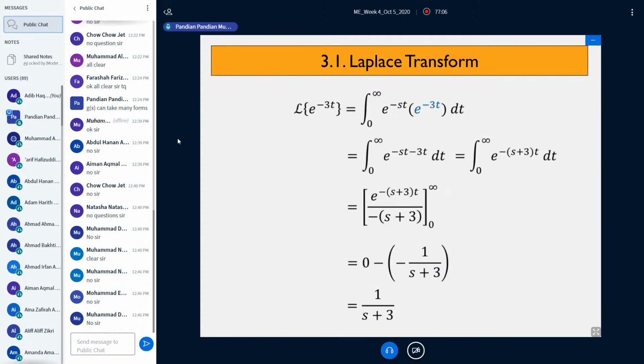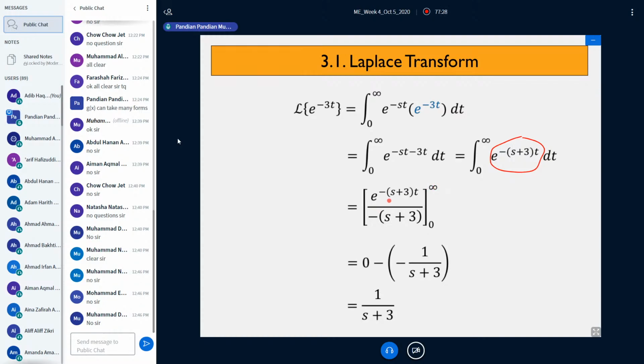If you combine these, e to the minus st minus 3t, you take out minus 3, you get this function. Now integrate with respect to t directly, e power minus (s plus 3)t divided by minus (s plus 3), because this is constant. So 0 to infinity.